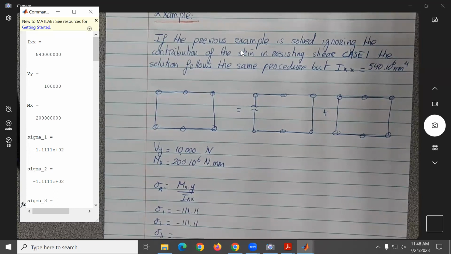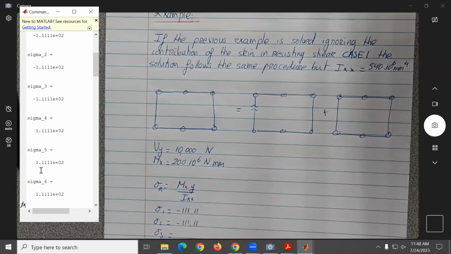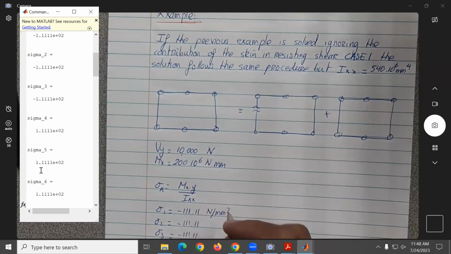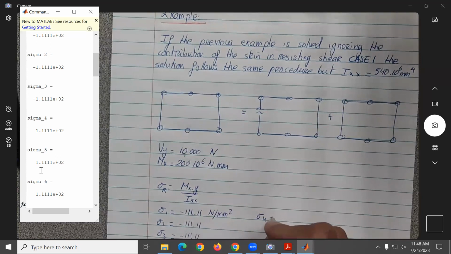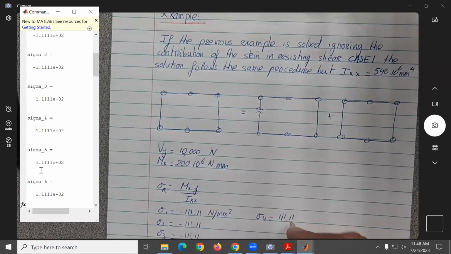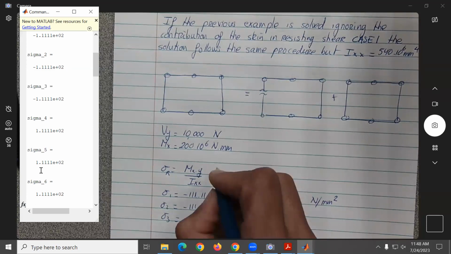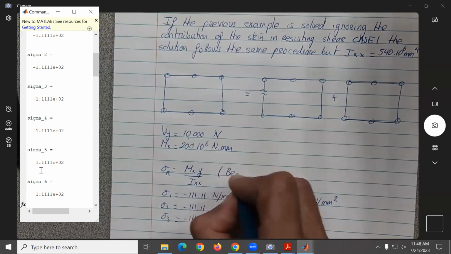Okay, they should all be the same thing except for the sign. Up to 6, so negative 111.11 Newton per millimeter square. Sigma 4 will be 111.11. Sigma 5 will be 111.11. Sigma 6 will be 111.11. And this again will be newtons per millimeter square. So these are, remember, to calculate the bending stresses.